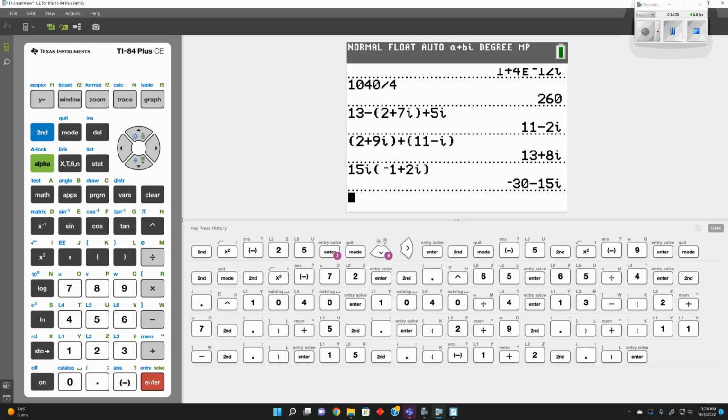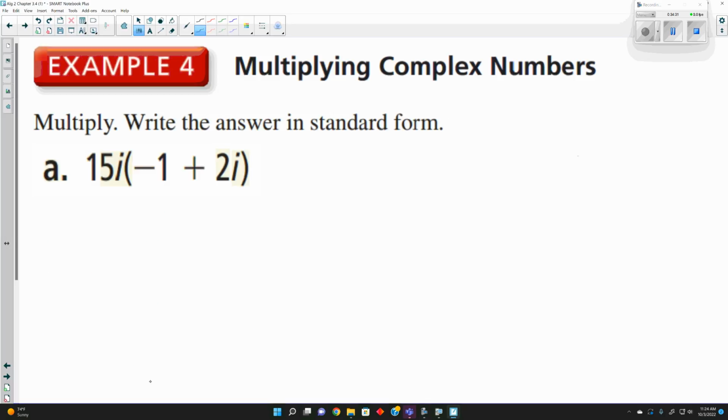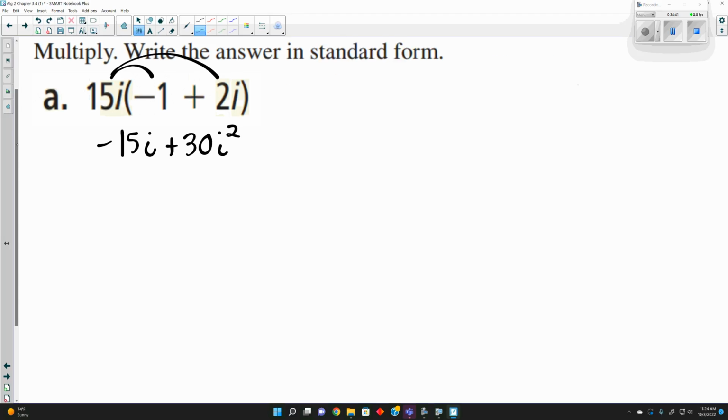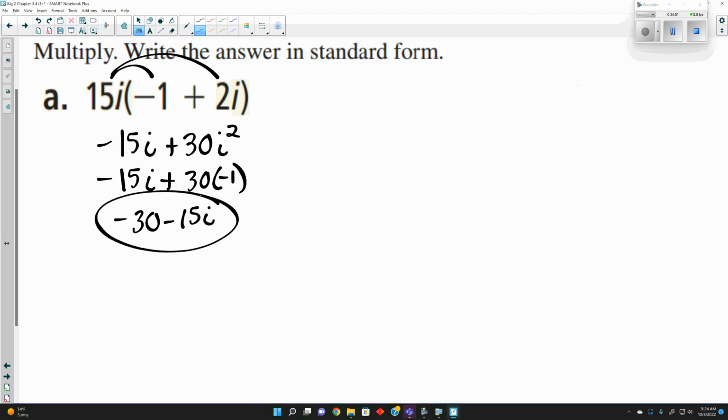We just can't have i to a power greater than 1. Because we can distribute this here, which would tell us that we have negative 15i plus 30i squared. But again, i squared is negative 1, telling us that we have negative 30 minus 15i.